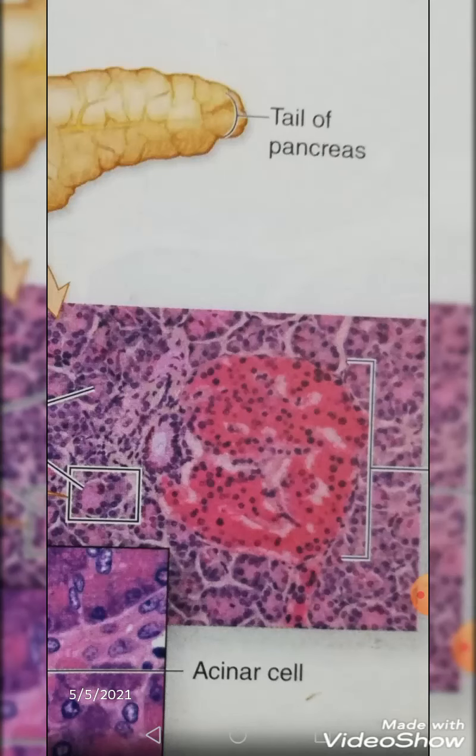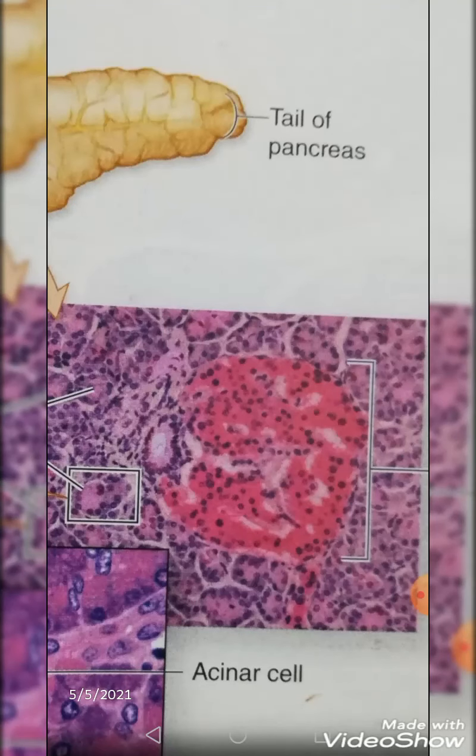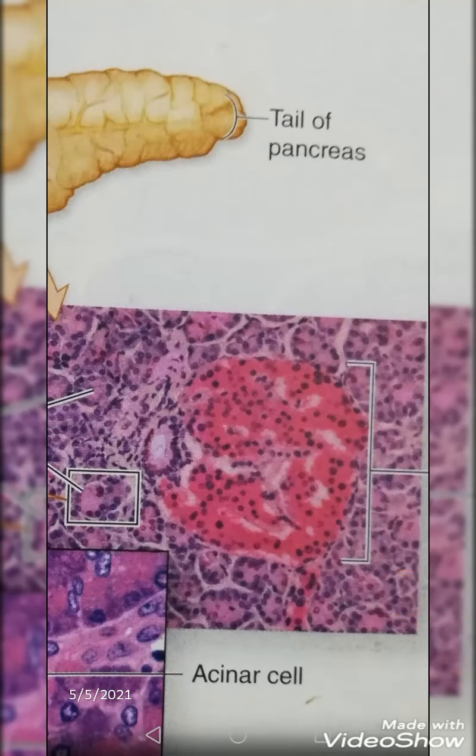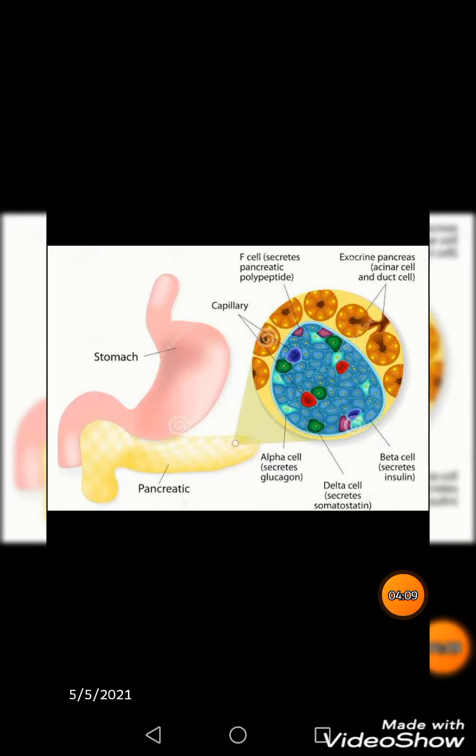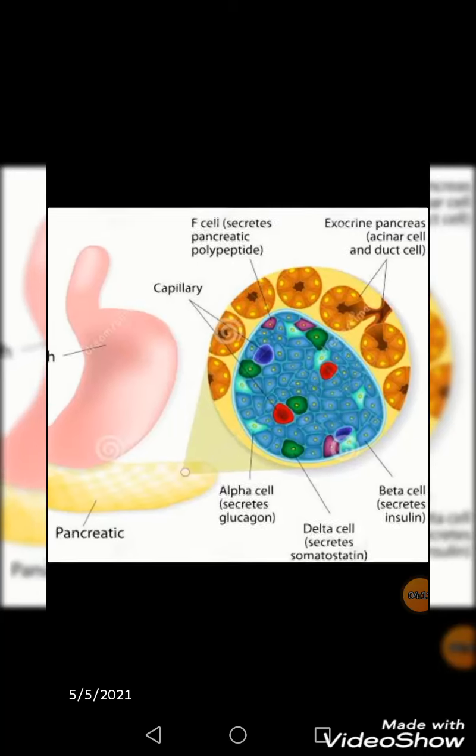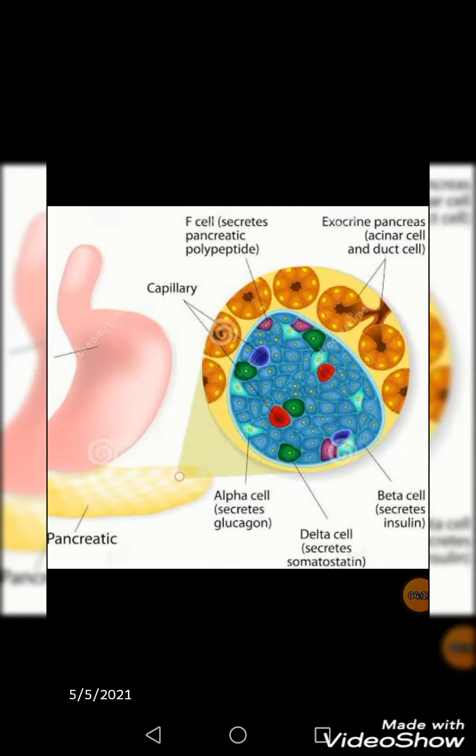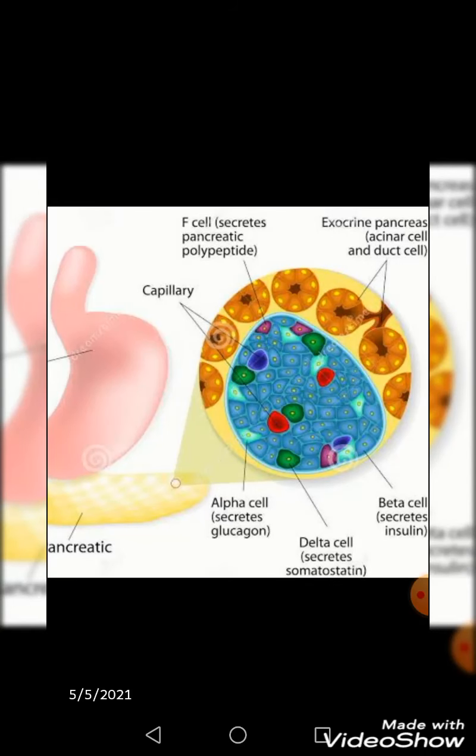So when we use the term endocrine, it means they are ductless and pour their secretion into the bloodstream. When we talk about exocrine, it means they have a well developed duct system to pour out their secretion, right? In this picture, we want to learn about the cellular detail of the endocrine part of your pancreas, the islets of Langerhans.